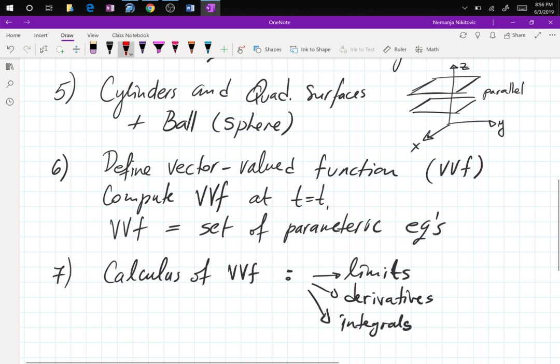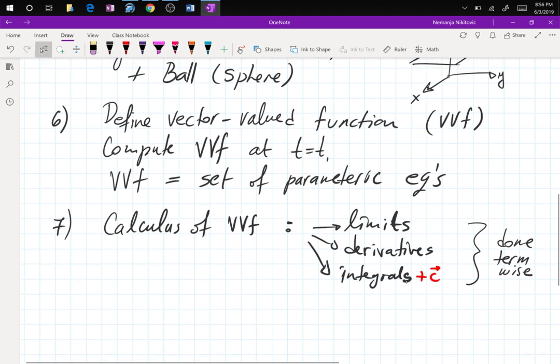I'm just gonna put plus C with the arrow, and in blood, because it's killing your grade when you forget it, right? Make sure you have plus C. All of these are done term-wise. So you will deal with the x equation separately from y, separately from z.